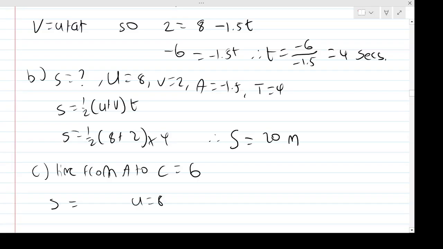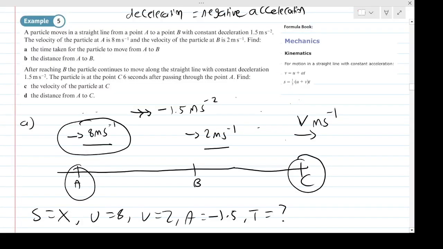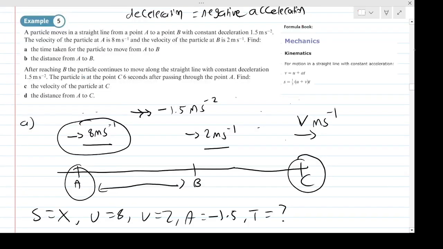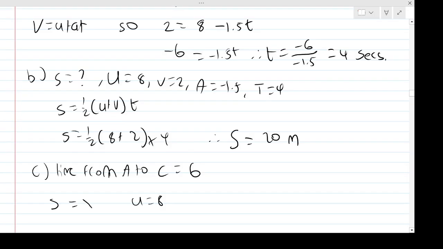Now S, the distance, we don't know the distance from A to C. We know the distance from A to B, we worked that out in part B, is 20 metres. But we don't know the distance from B to C, so we don't know from A to C either. So S is out of the question.